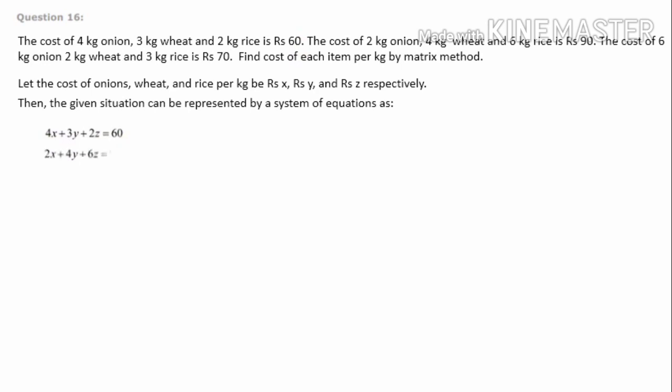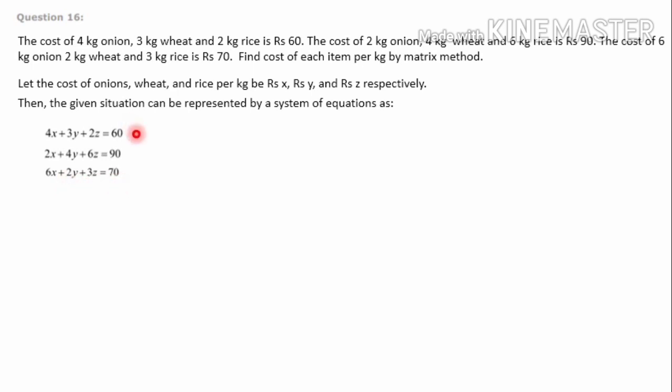And the second equation: 2 kg onion, that is 2x, 4 kg wheat, that is 4y, then 6 kg rice, that is 6z. When you add these three, 2x + 4y + 6z is equal to 90. Similarly, in the third condition, the cost of 6 kg onion, 2 kg wheat, and 3 kg rice, that is 6x + 2y + 3z = 70.